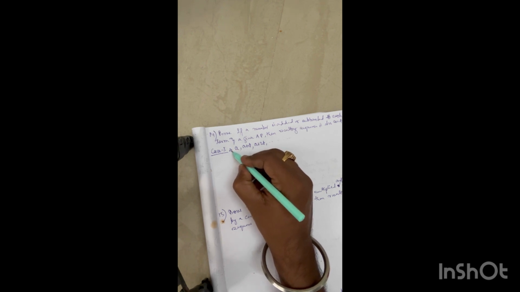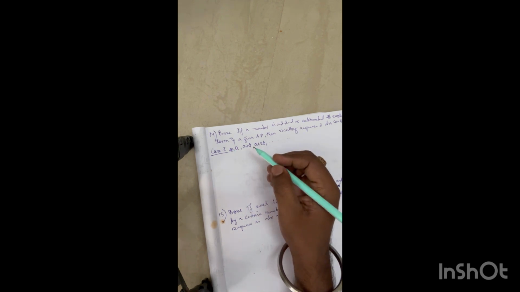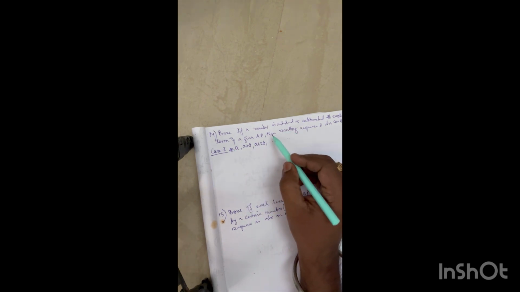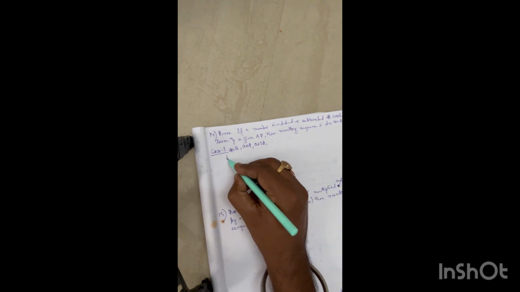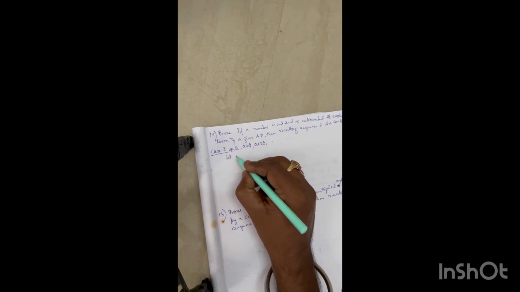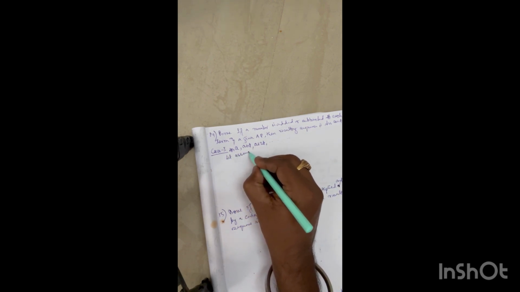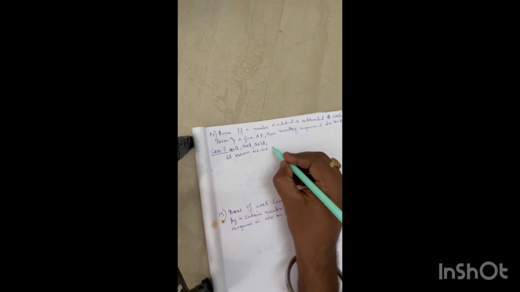Now, as per the condition, we'll add any number, which could be a fraction or an integer or anything. Let's say small t we are adding.